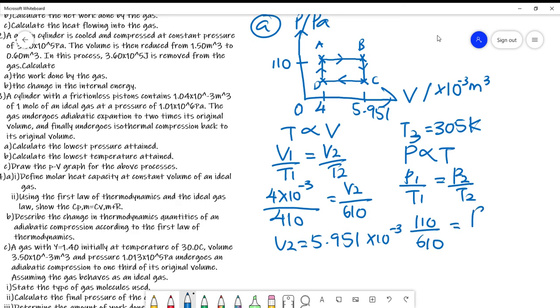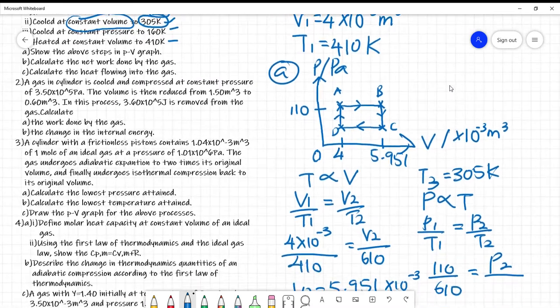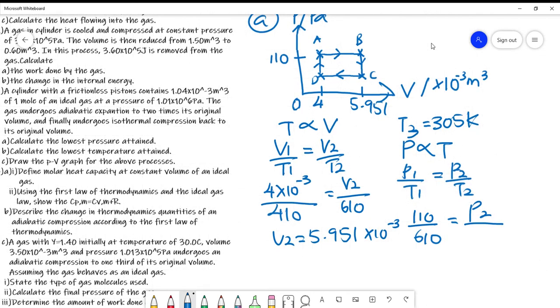So my pressure P2, which is the unknown variable, my T2, this one should be T3, and T3 is what we need to find. So P2 is 610 times 305.